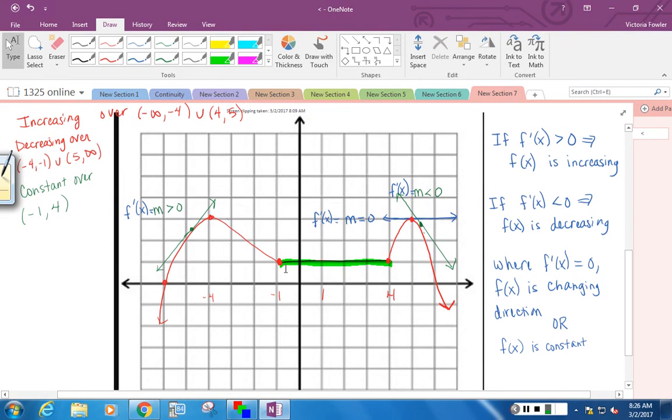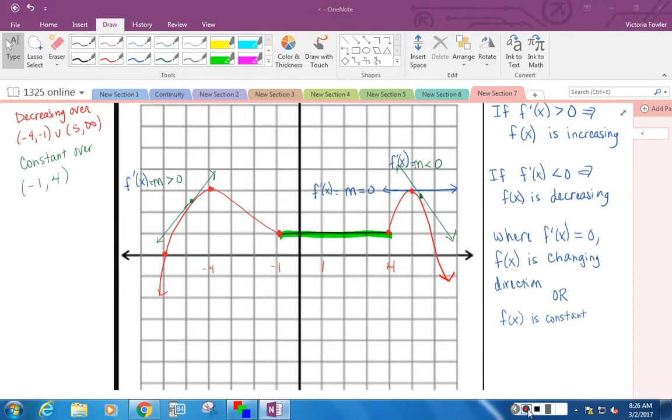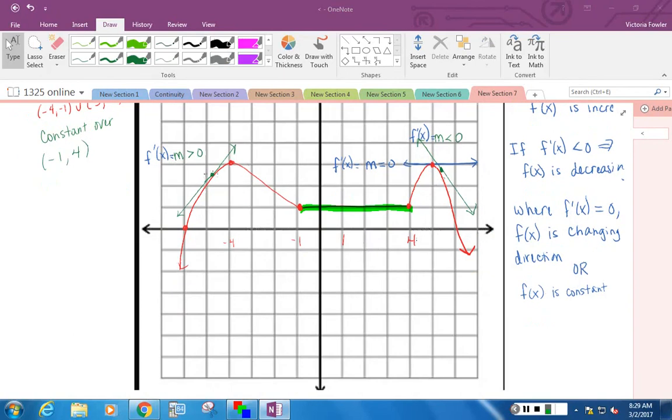We don't get too in-depth in this course. But this is when we were talking about over an entire interval. Okay, we have a special name where the derivative can change from a positive to a negative, or from a negative to a positive. And that x value where that occurs is called a critical number.